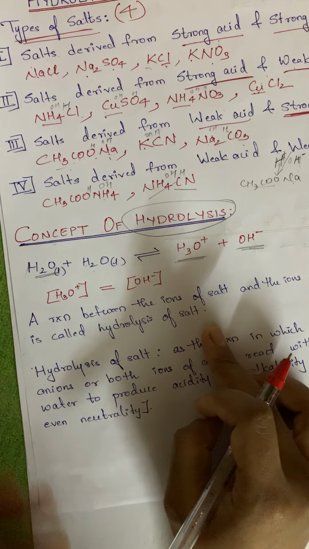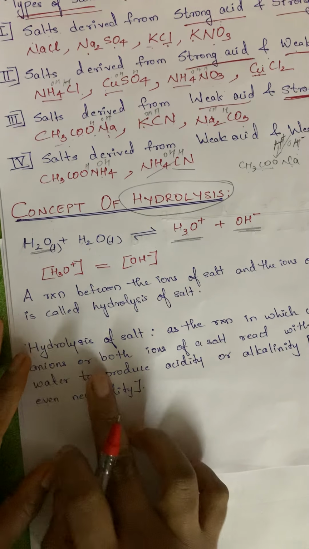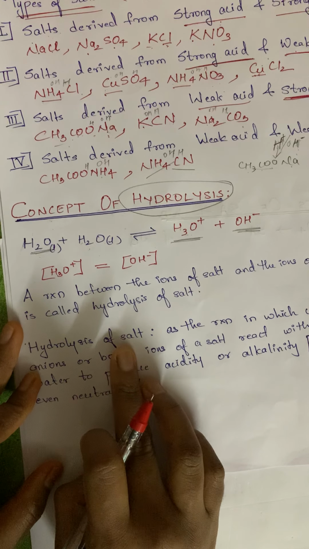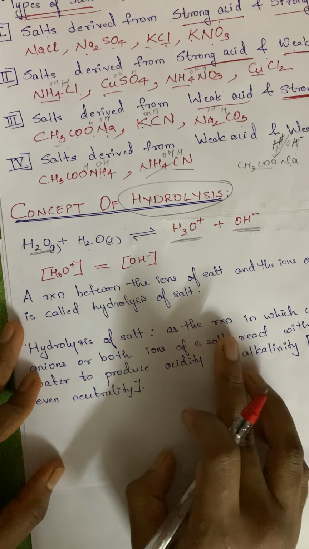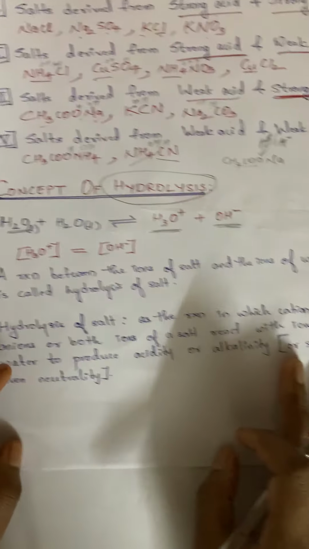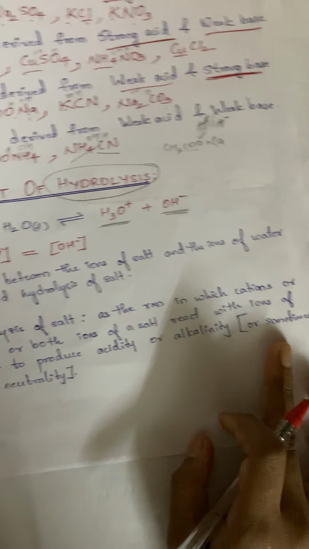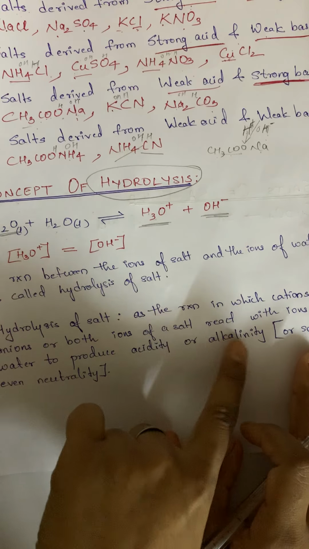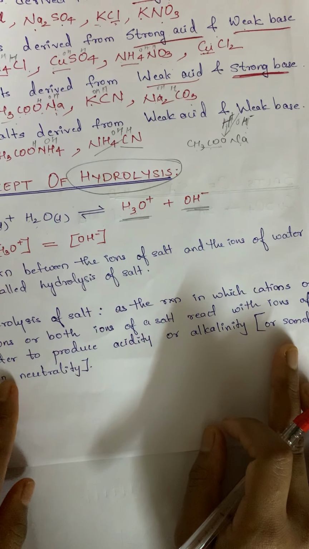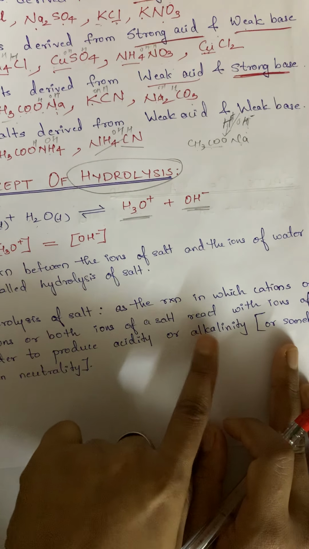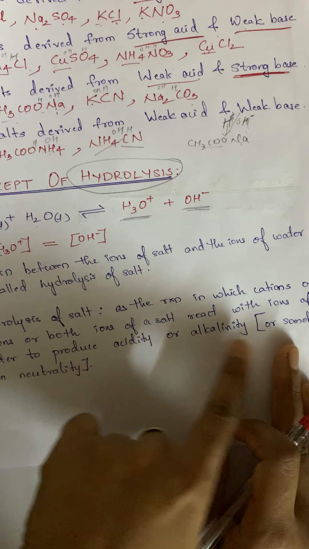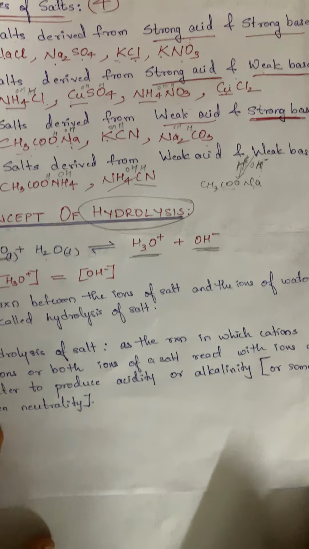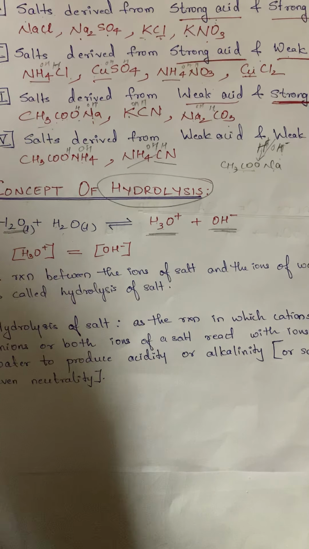Hydrolysis of salt can be well defined as the reaction in which the cations or anions or both ions of salt react with ions of water to produce acidity or alkalinity, or sometimes even neutrality.